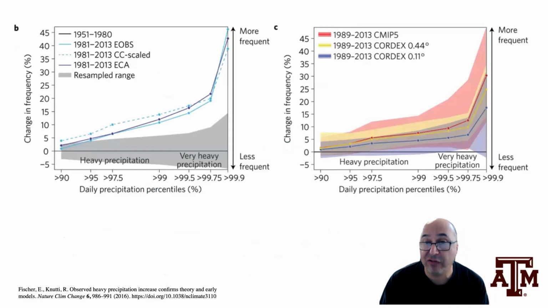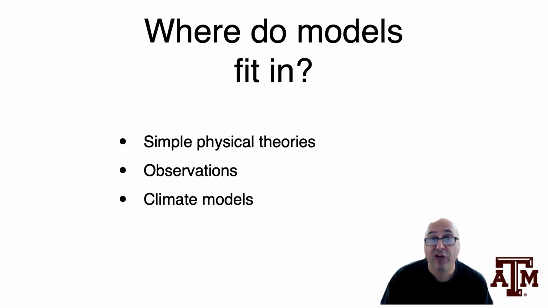The plot on the left is the same one I just showed. The plot on the right shows several model ensembles. I won't go into what these are, but you can ask me if you have questions. And you see these have the same shape. If anything, the models are underpredicting how much precipitation is going to change. So that's quite worrisome.